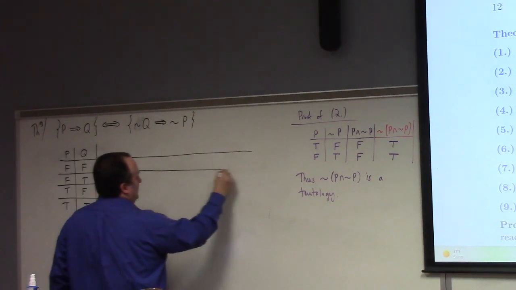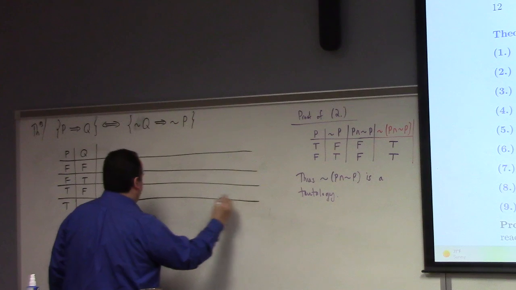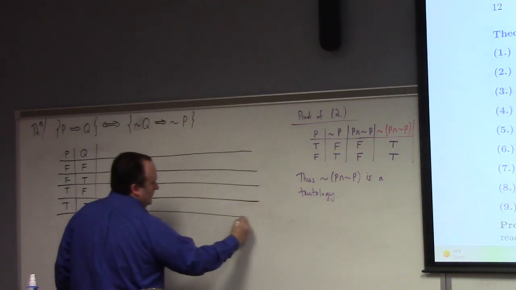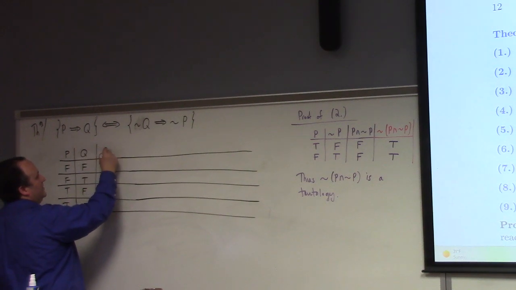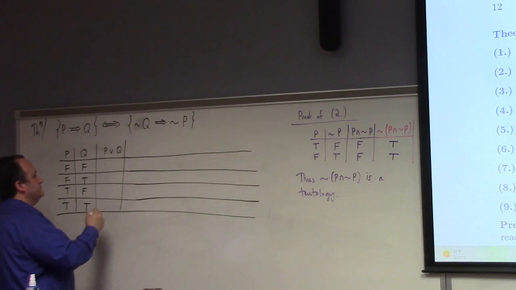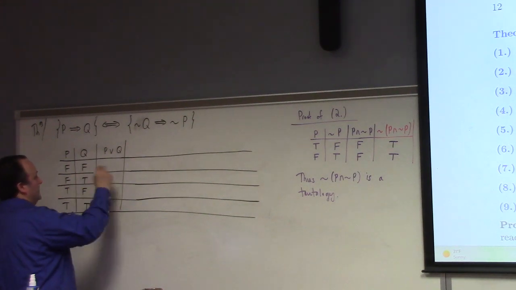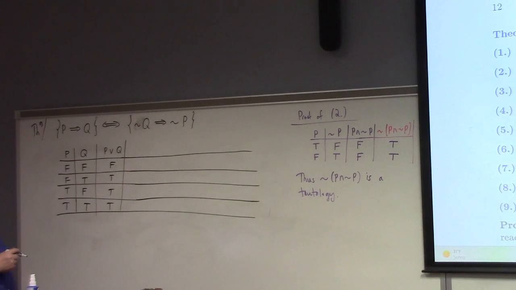So this is going to be a big truth table. All right. We'll start out with P or Q. So P or Q is what? That is false, true, true, and true. Right? P or Q is mostly true. It's only false if both the inputs are false.